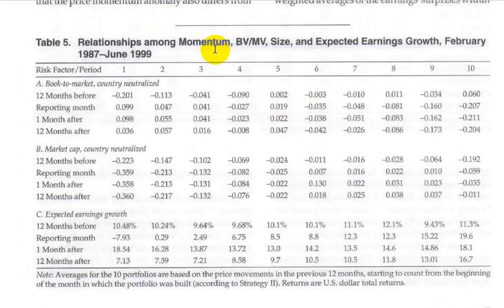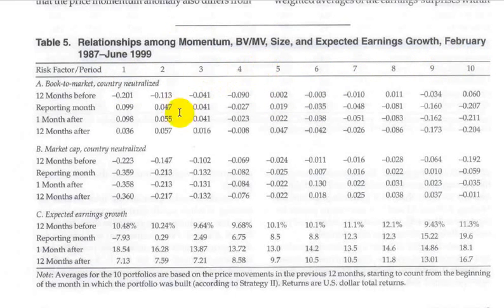If momentum returns were the same as value returns, we would expect as the momentum returns increase, from 1 to 10, then we would expect to see the value returns increase as well.